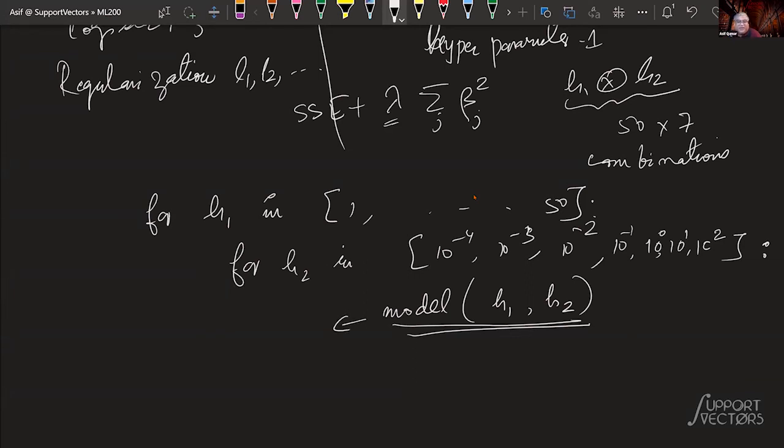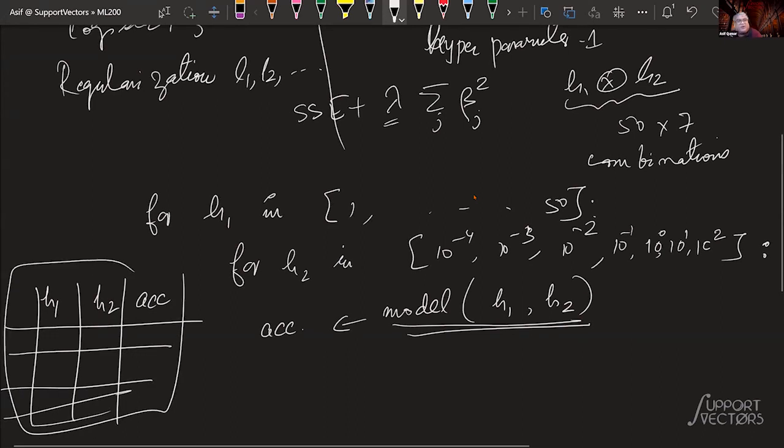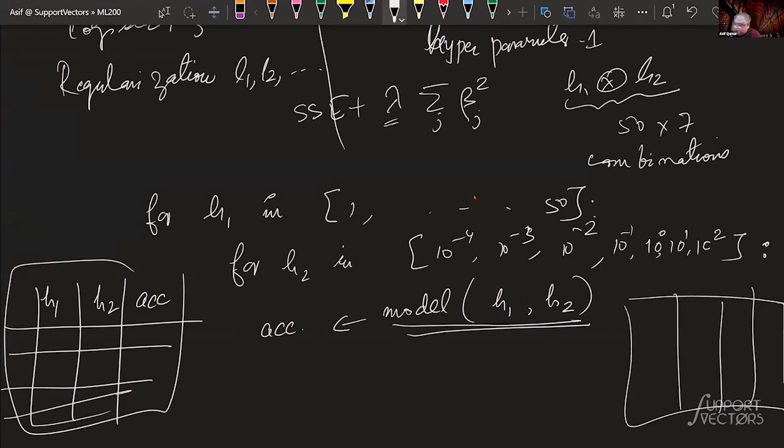Let us say that you're doing classification and what you care for is the accuracy, isn't it? So you can maintain a table which will say H1, H2, and the metric accuracy. Then at the end of running through the two for loops, you're essentially going through every point of the grid, because this Cartesian product is this grid.